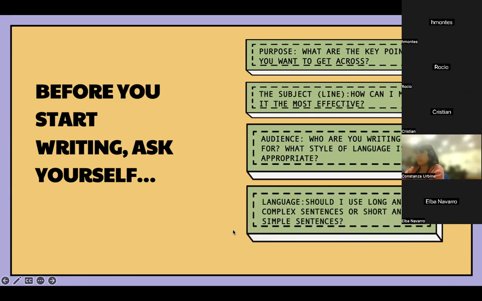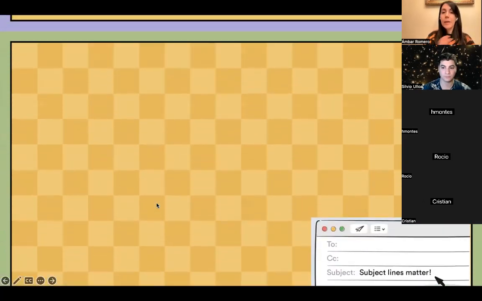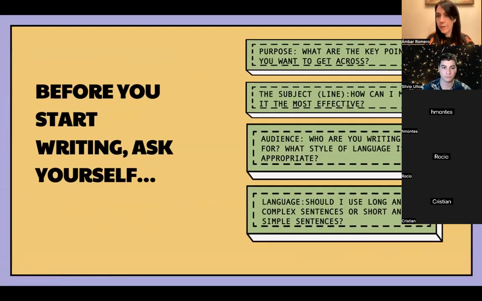And the last question is language, depending on whether the email you will write is formal or informal. What type of language should I use? Should I use long and complex sentences or simple, short sentences? These are the basic questions you need to ask yourselves very quickly in your mind before you start writing an email.